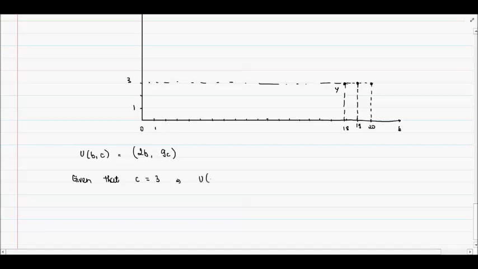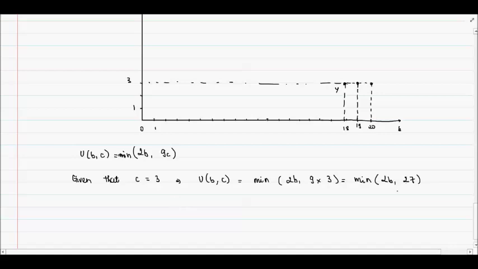Then we have the utility of B and C equal to the minimum between 2B and 9 times 3, which is 27. So the minimum between 2B and 27.